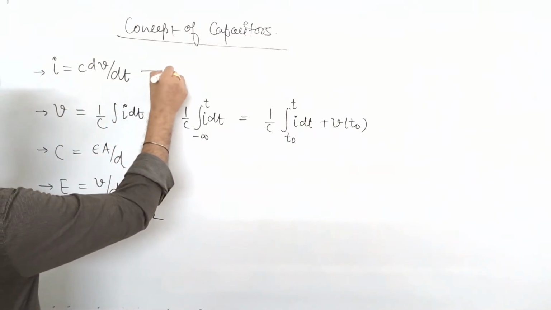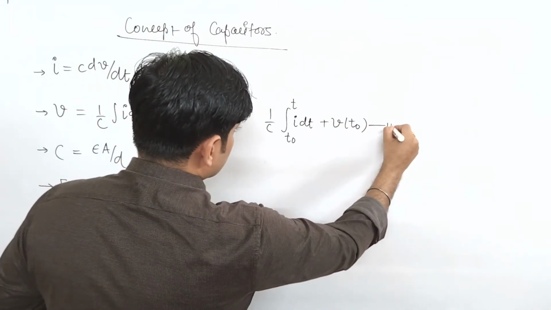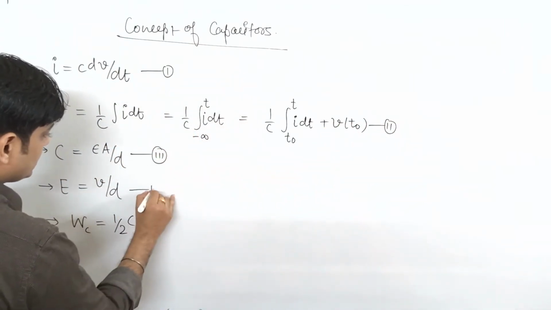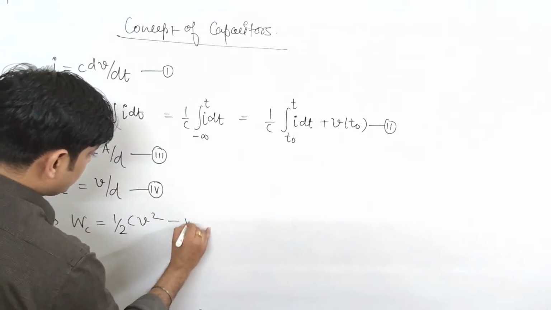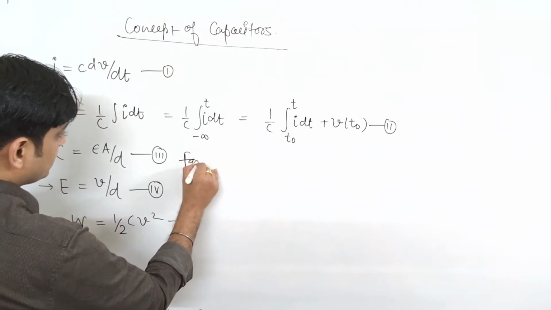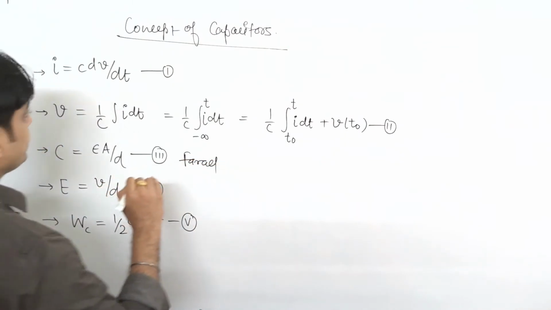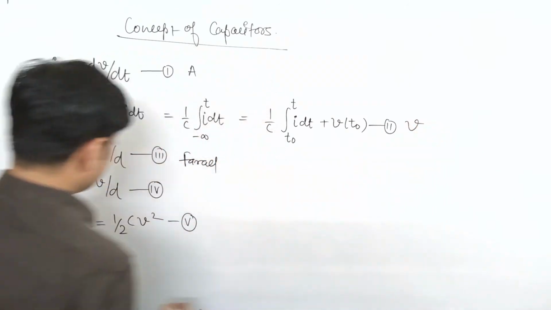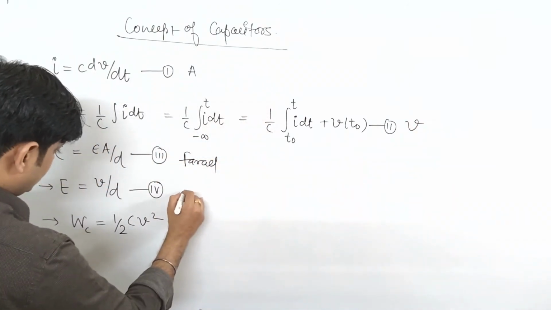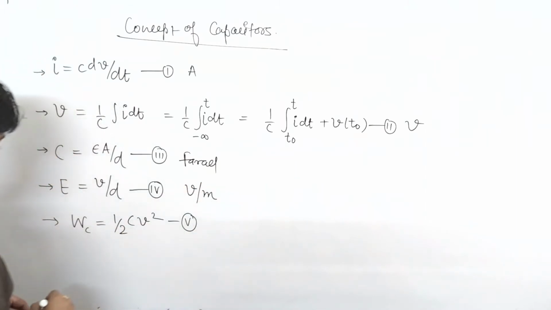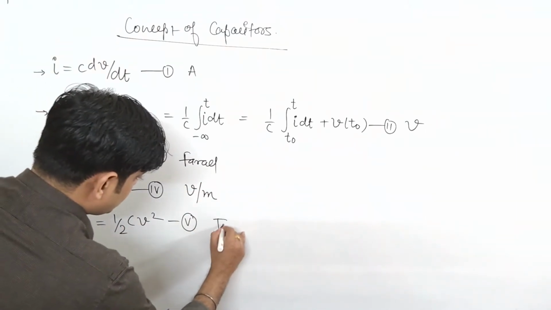So just keep in mind, this is your first formula, second, third, fourth, and fifth. Here the unit is farad, this is in ampere, this is in volt, this is volt per meter, and this is in joules.